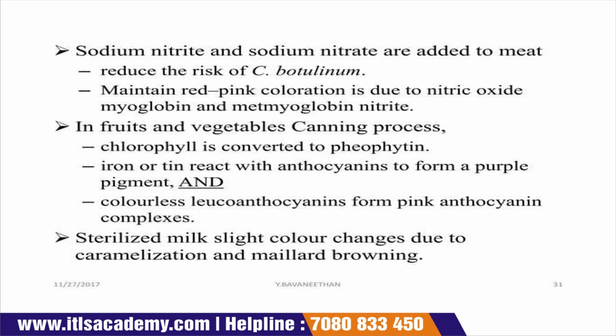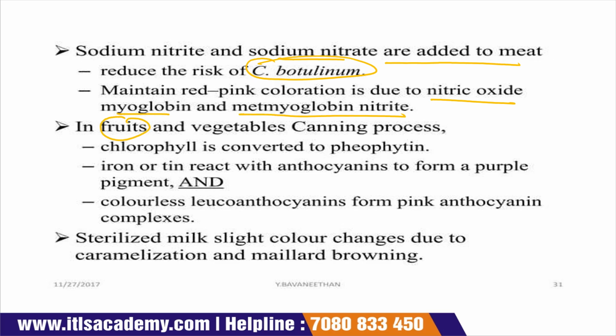Sodium nitrate and nitrite are added to the meat, which reduces the risk of Clostridium botulinum, and also maintains the red and pink color of the food product, which occurs due to the presence of nitric oxide myoglobin and metmyoglobin nitrite.